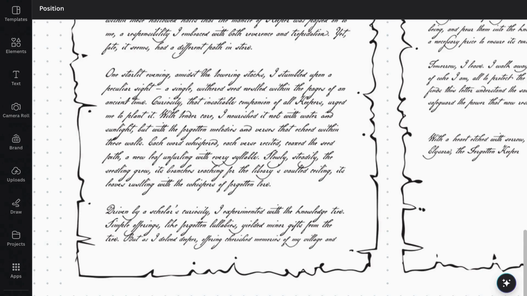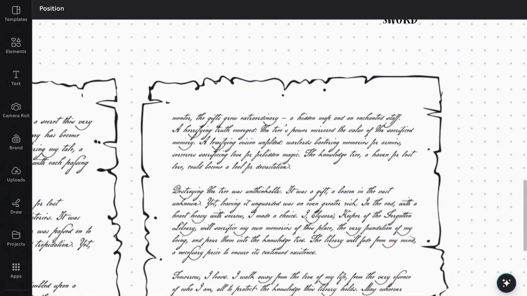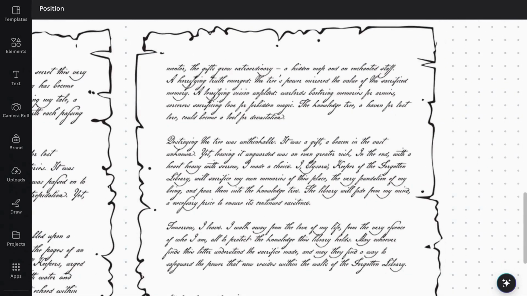Driven by a scholar's curiosity, I experimented with the knowledge tree. Simple offerings like forgotten lullabies yielded minor gifts from the tree. But as I dove deeper, offering cherished memories of my village and mentor, the gifts grew extraordinary. A hidden map, an enchanted staff. A horrifying truth emerged.